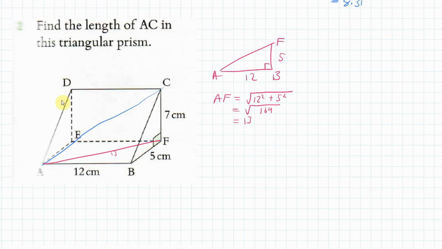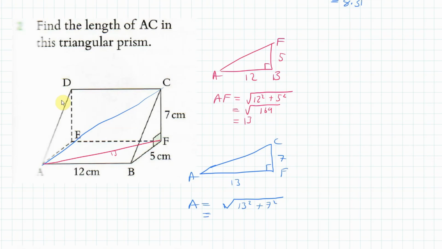Now we can look at triangle ACF. Here's A, C, F. We know that F is a right angle. We know that CF is 7. And we know we've just figured out AF is 13. So now we can find AC. AC is equal to the square root of 13 squared plus 7 squared.